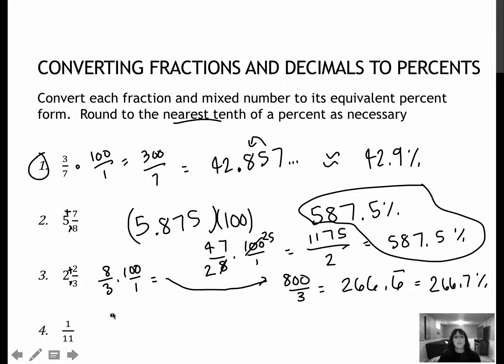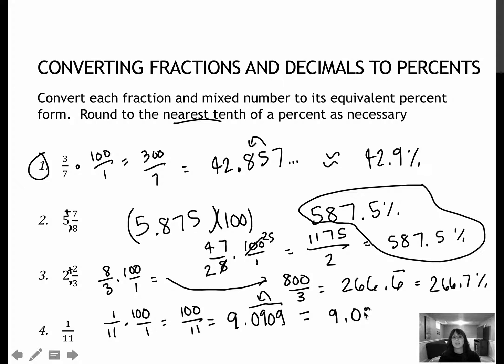And then 1 over 11 times 100 over 1. That gives me 100 over 11. I would of course use my calculator to divide. I would get 9.0909, etc. That's repeating. If I'm rounding to the nearest tenth, this 0 says I don't need to round up, so 9.09%.